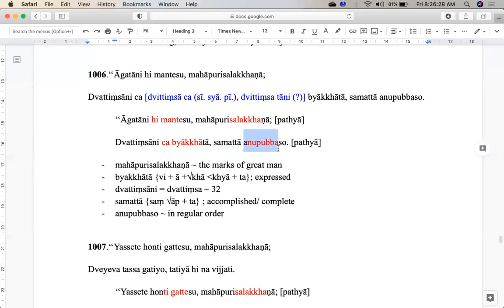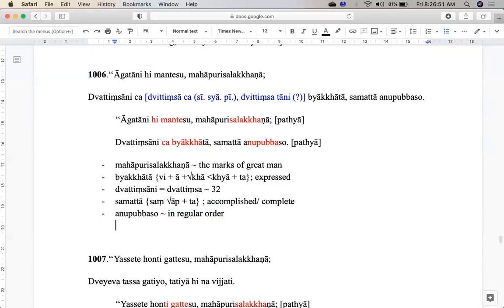But here anupubbaso is an adverb, following each other. That means in regular order, one by one, systematically. Okay, now we can translate. The marks of great men have indeed come in the Vedas.